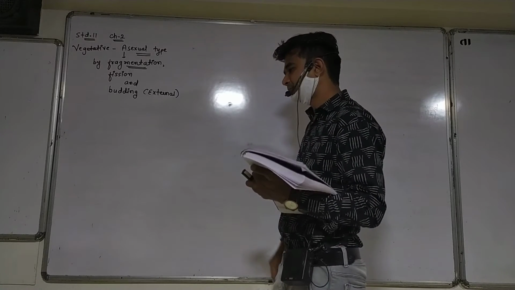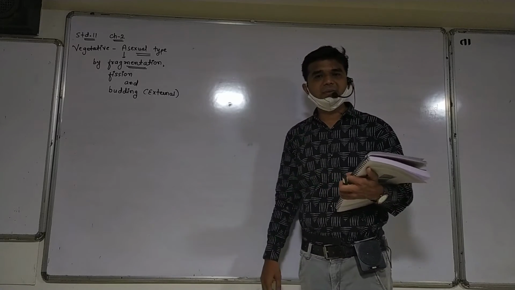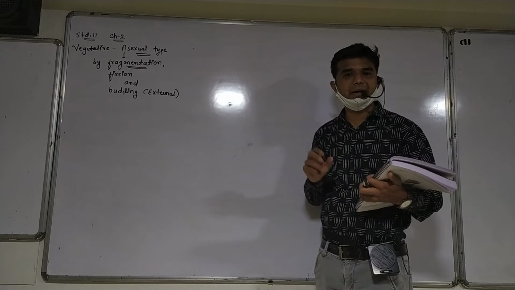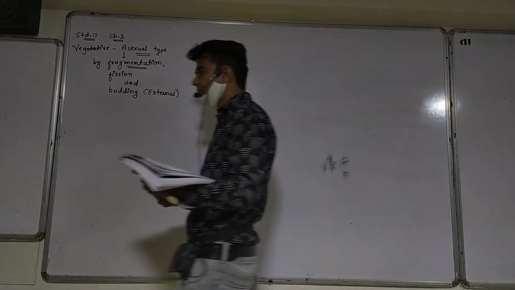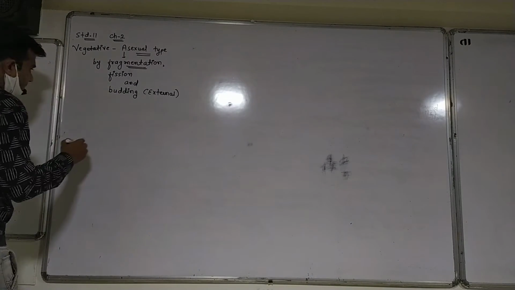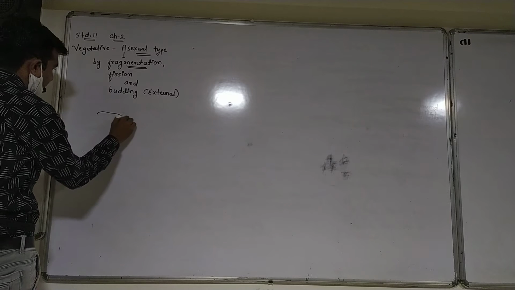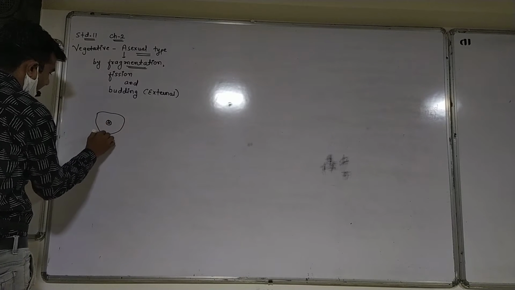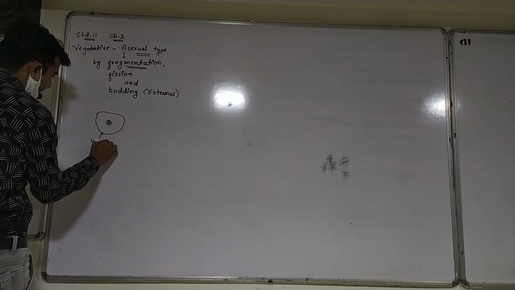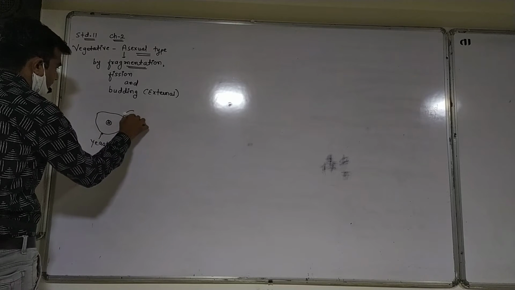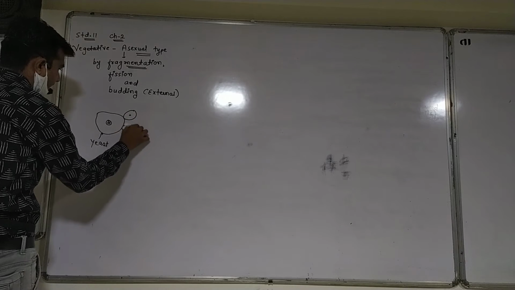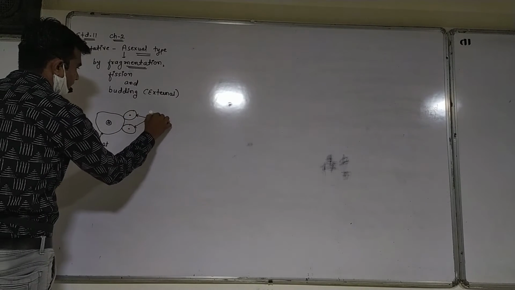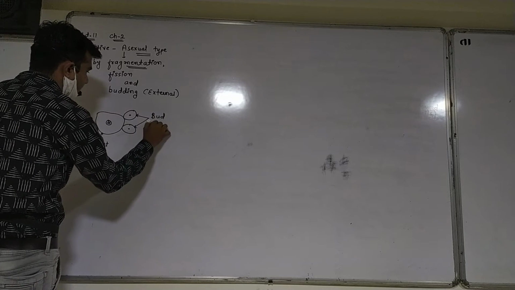As you know, outside of the body, here I have written external budding. In the fungi, for example, yeast. Suppose this is the yeast, and outside of the body, bud formation occurs.